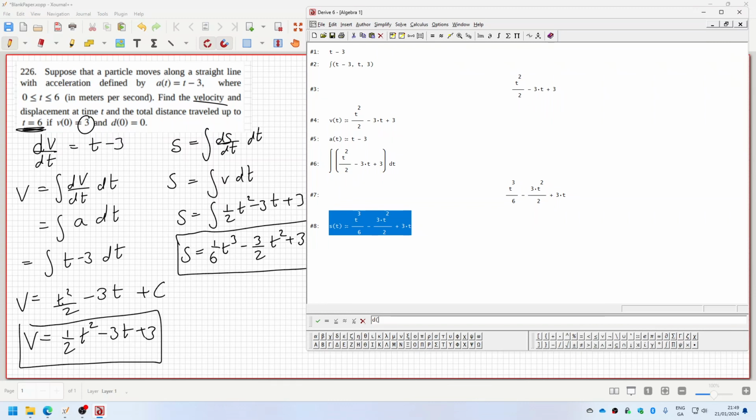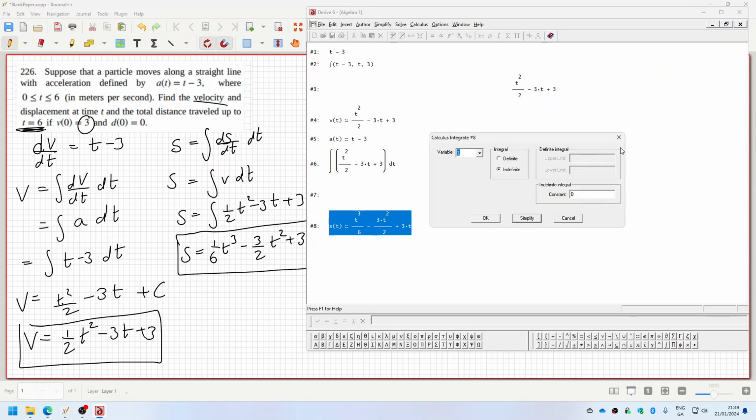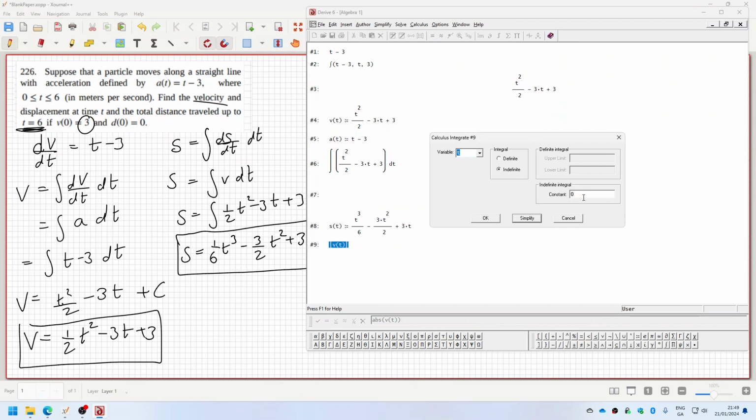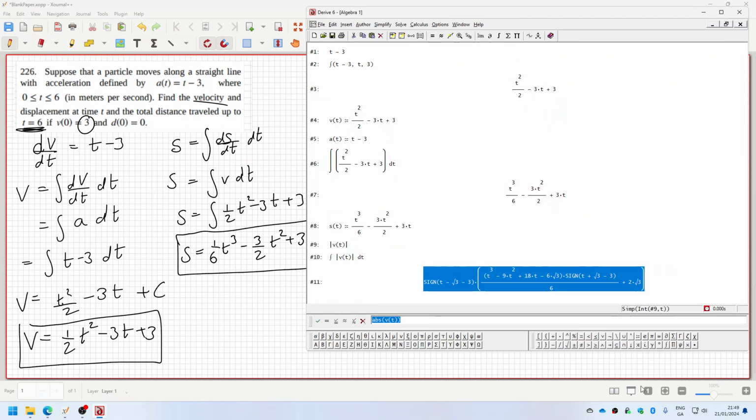Oh, and then the distance. Well, that would be integration, absolute velocity, integration, and then that is the distance.